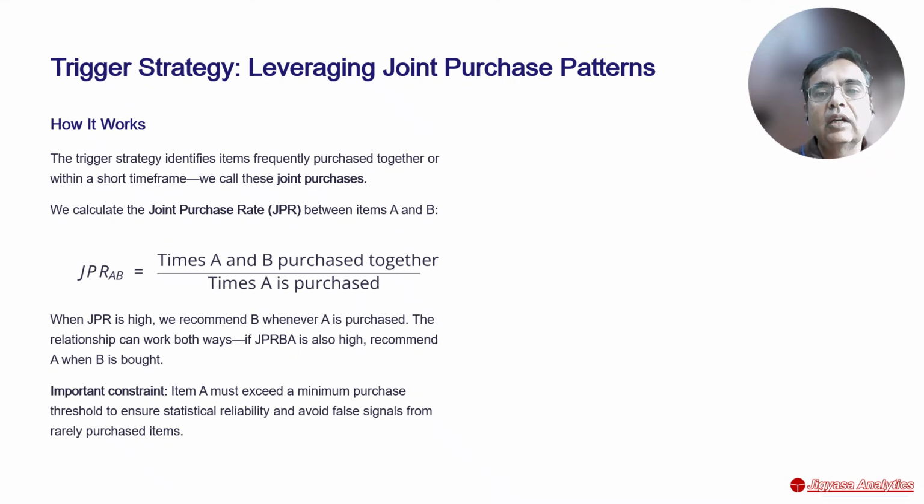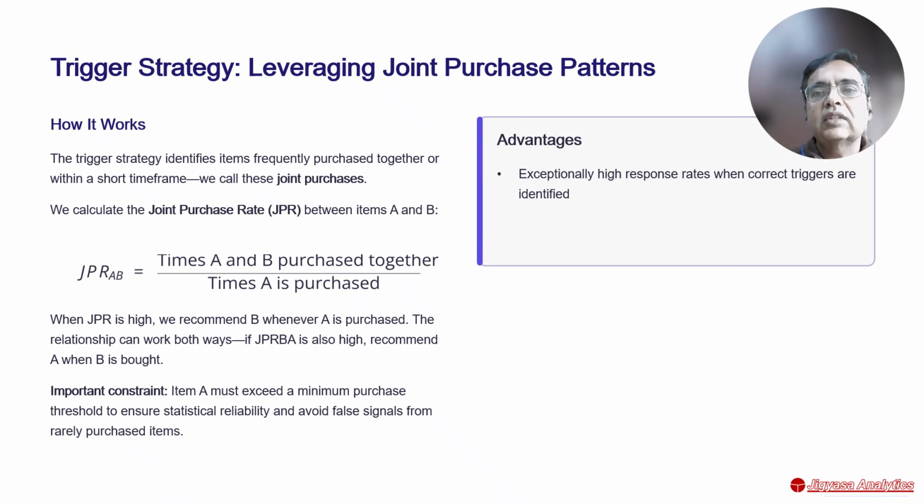Similarly, we can calculate joint purchase rate BA, and if that is high, then whenever B is purchased, we would recommend A. And what are some of the advantages of a system like this?